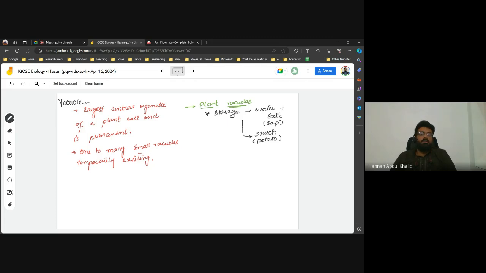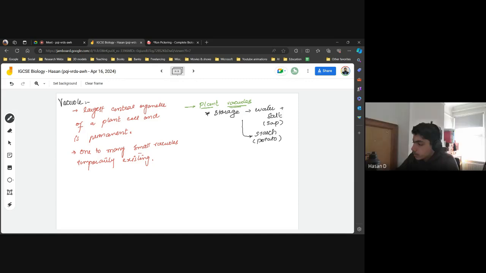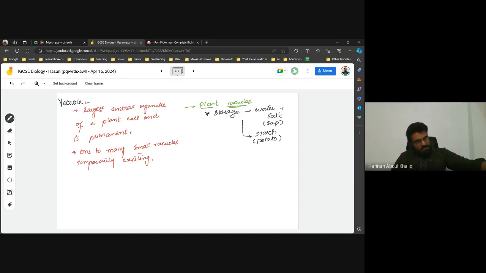Carrots, onions, radishes, turnip, these are filled with the starch. They can be of different tastes depending on the plant, but always the underground things are filled with the starch. So the plant can store the starch in the vacuoles.